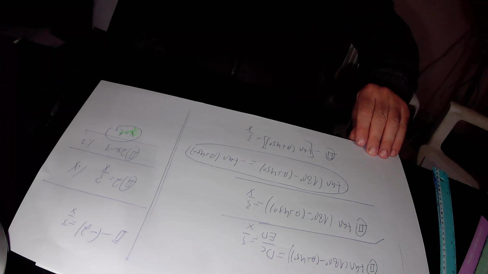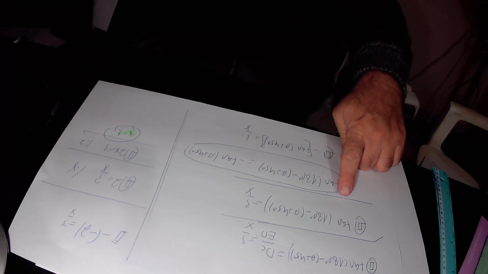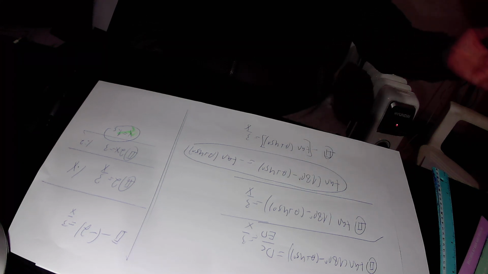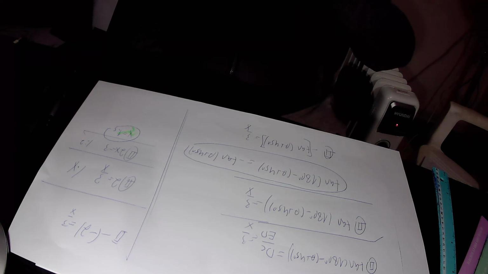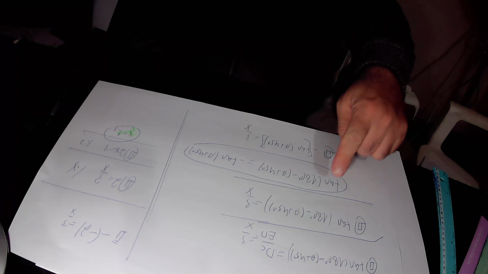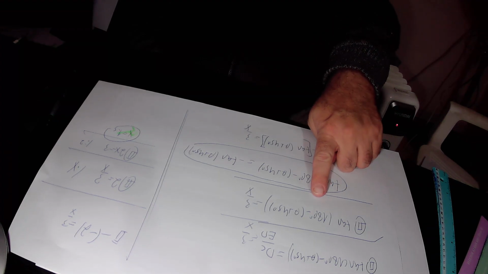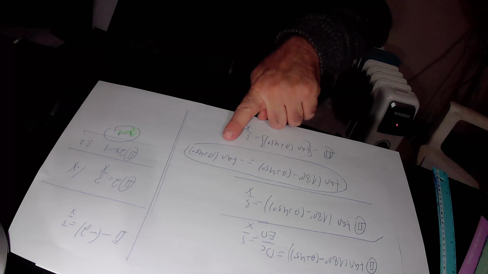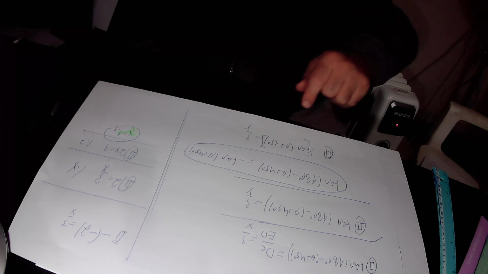And according to equation 2, we have here tangent of (180 degrees minus (theta plus 45 degrees)). According to the trigonometric identity that I presented, this equals minus tangent of (theta plus 45 degrees).